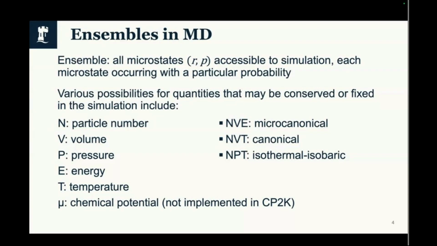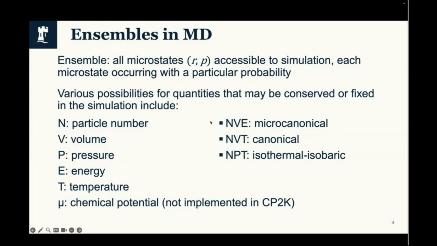So basically, an ensemble is all microstates accessible to the simulation, and they are associated with a probability. Later on, if we do averaging over each frame or image, we will get an ensemble average of that property.